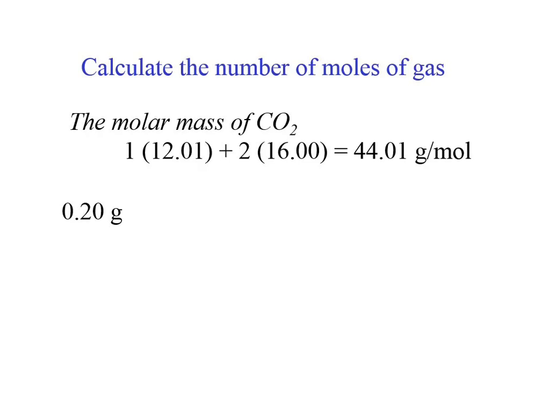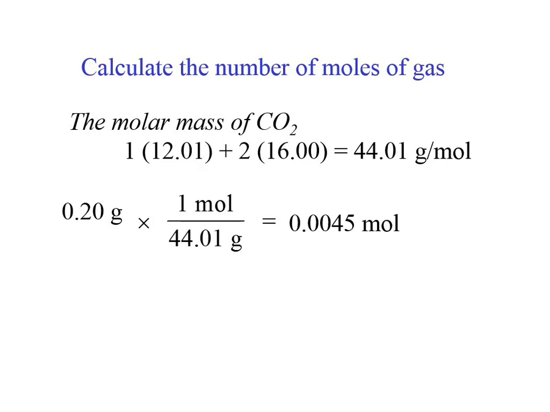We take the mass of the carbon dioxide over 1, and use the flipped version of the molar mass: 1 mole of CO2 per 44.01 grams of CO2. Rounded to 2 decimals, our N is 0.0045 moles. Pretty slick.